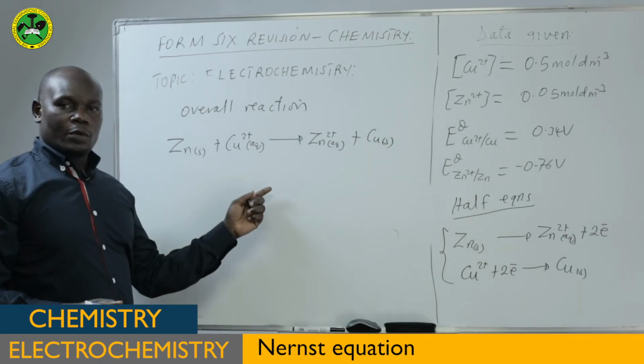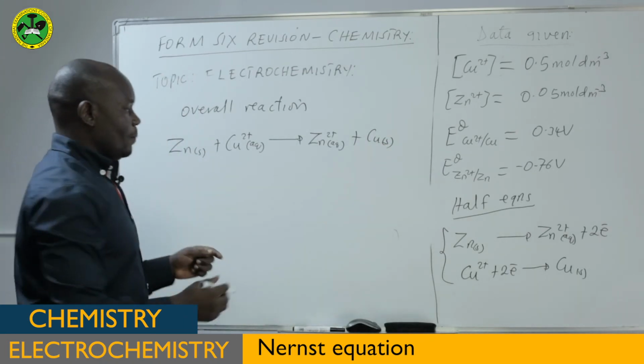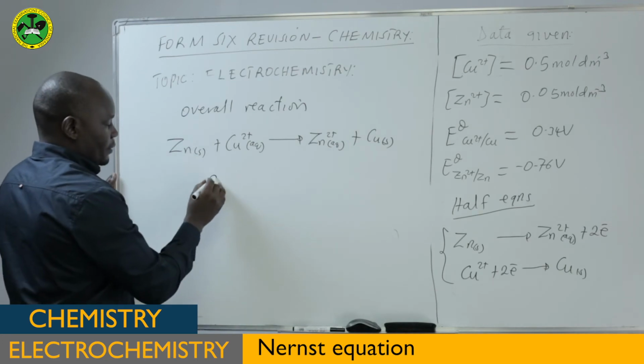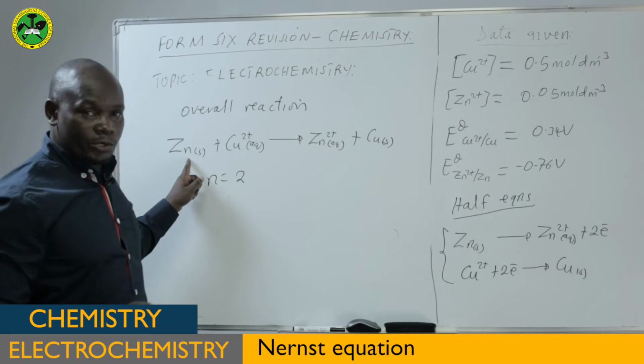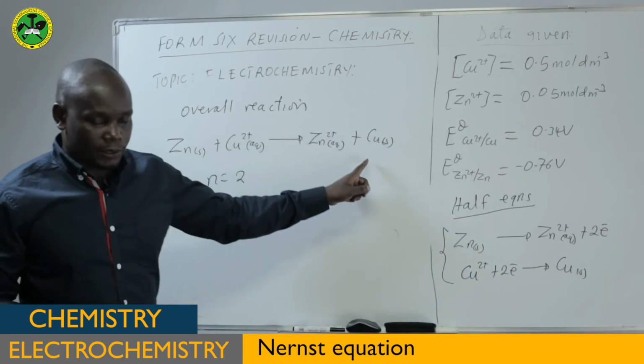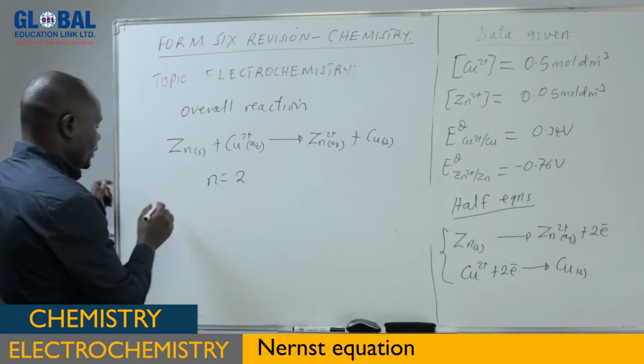That is our overall reaction equation. Now from there, n is equal to 2, and we know that the species that has undergone oxidation is zinc, and copper has undergone reduction.